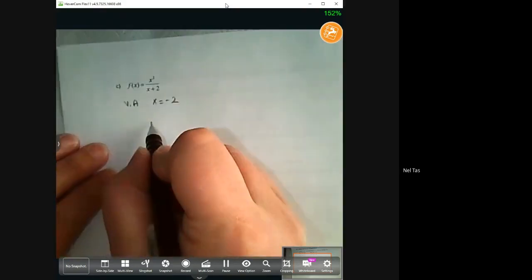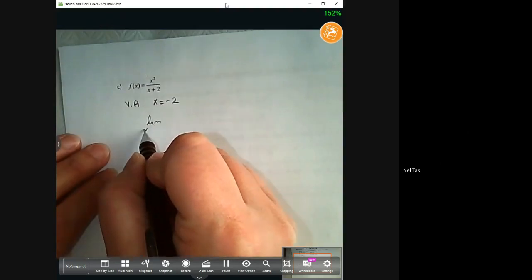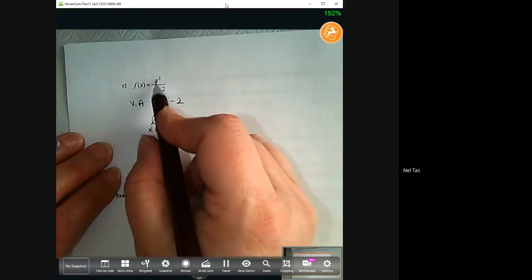So in terms of limit, let's see how it looks. We're going to look at the limit as x approaches infinity. The highest degree is x squared, so factor that. In the denominator, the highest degree is x, so factor x. You get 1 plus 2 over x.